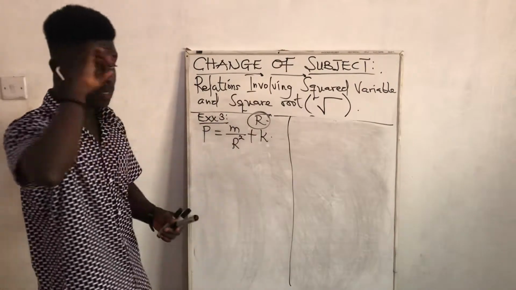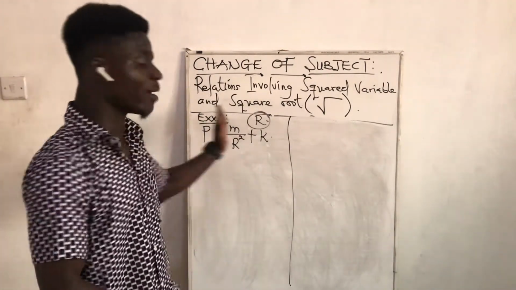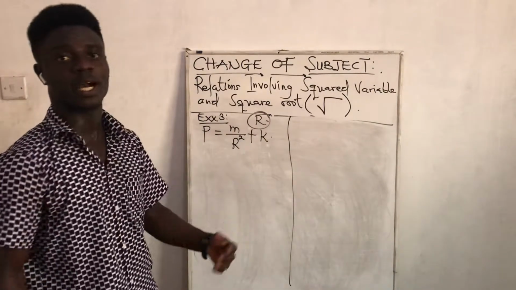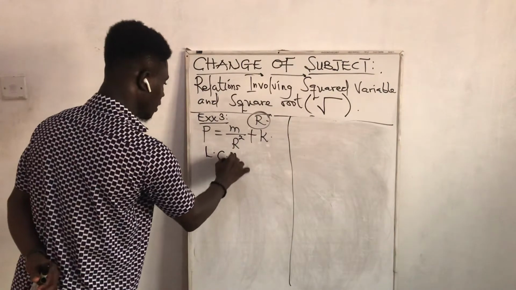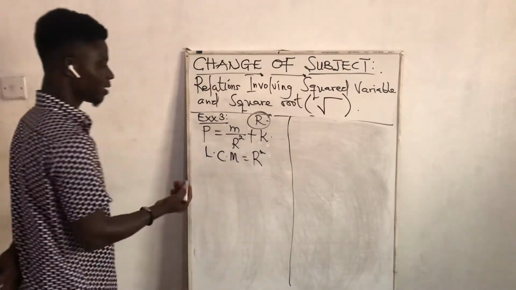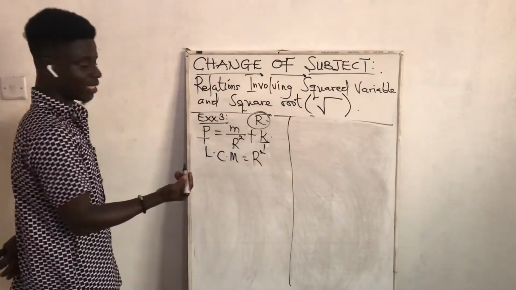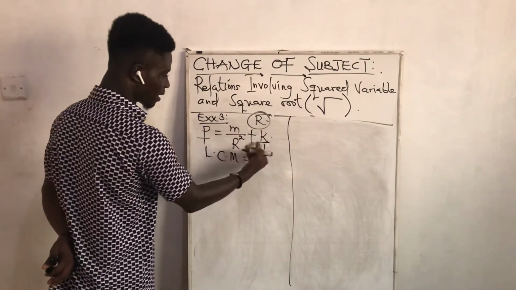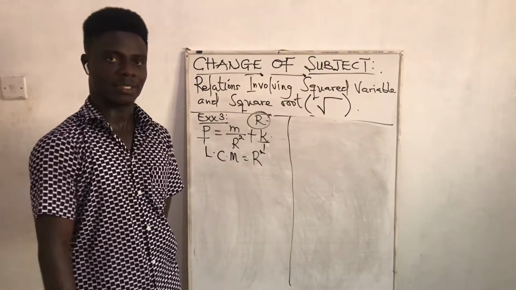Because here it involves fractions, we have to multiply each term by the LCM so that the denominator goes off. So LCM equals R squared. Why is it R squared? This one is divided by 1, here also by 1, right? So 1 times R squared times 1 is the same thing as R squared.